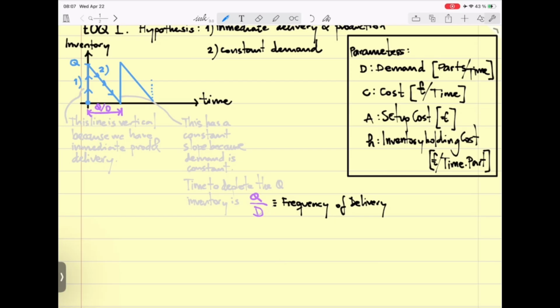No. So we are going to represent our cost function, which is going to be called epsilon of Q. And the cost function is going to have different parts, okay?